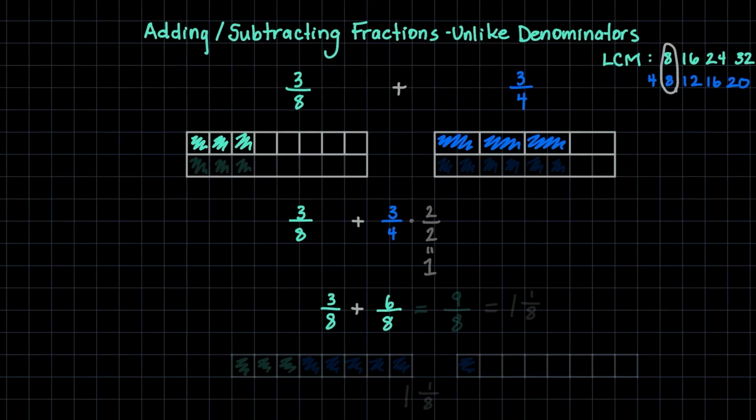Now I have equivalent pieces and my brain can make sense of it: I have 3 of something and I'm adding 6 of that same thing to it. So let's look visually at what that looks like. I have something split into 8 equal pieces, which on the left-hand side, that's already done.